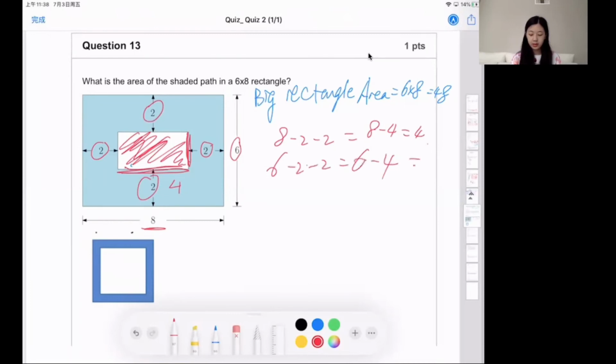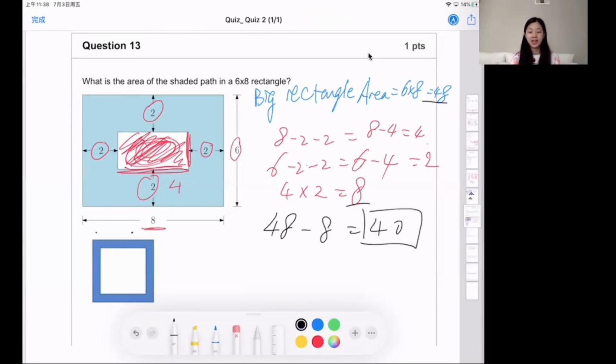It equals 2. So the small area is 4 times 2 equals 8. And then we do the minus, 48 minus 8. So the path area is 40.